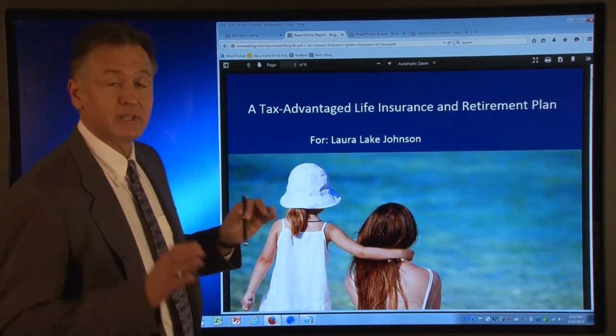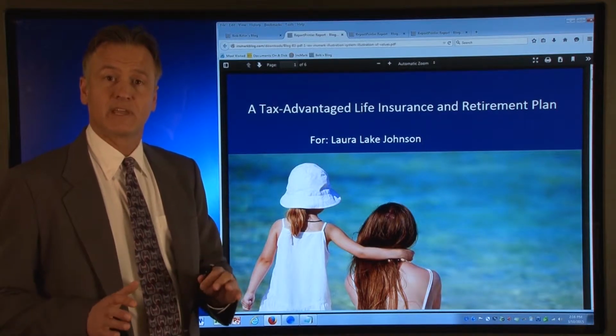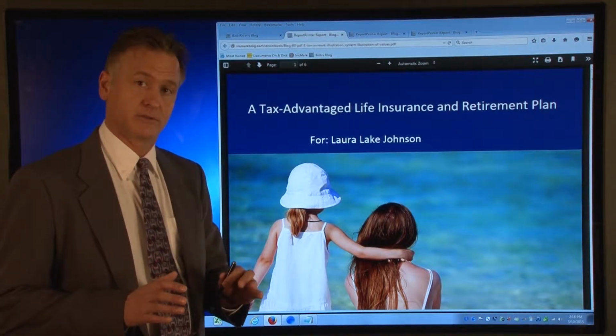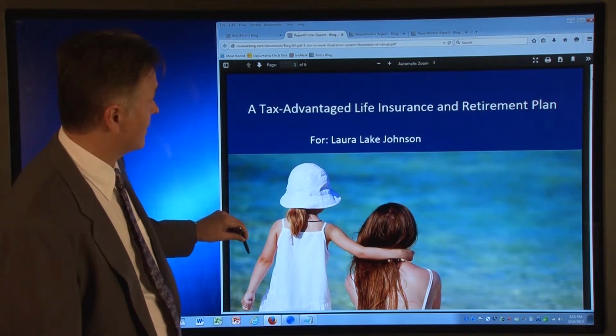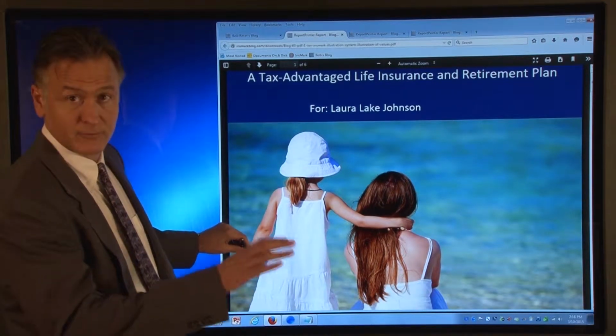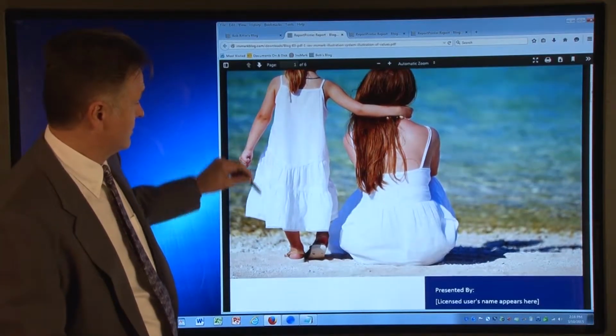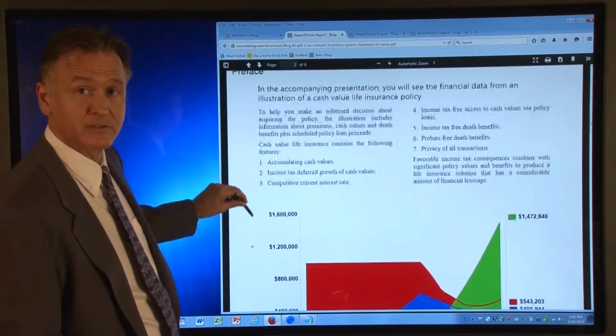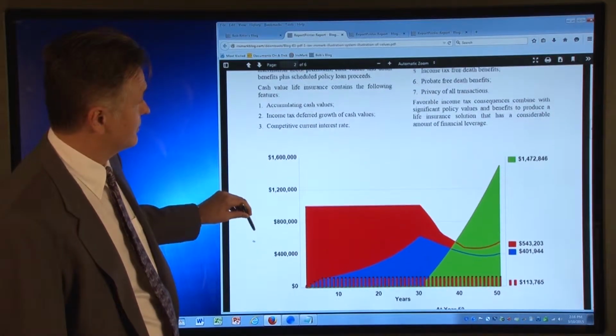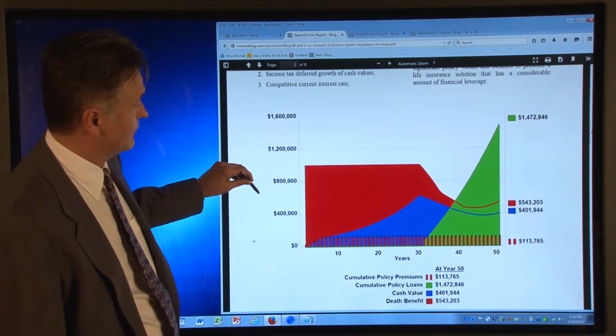This is the actual Illustration of Values presentation that's available in the InsMark Illustration System software program. As you can see, the first page is the cover sheet, where you can pick different photos and pictures to start off the presentation. And then this next page is a preface, and here you can see that same graph that we looked at before.